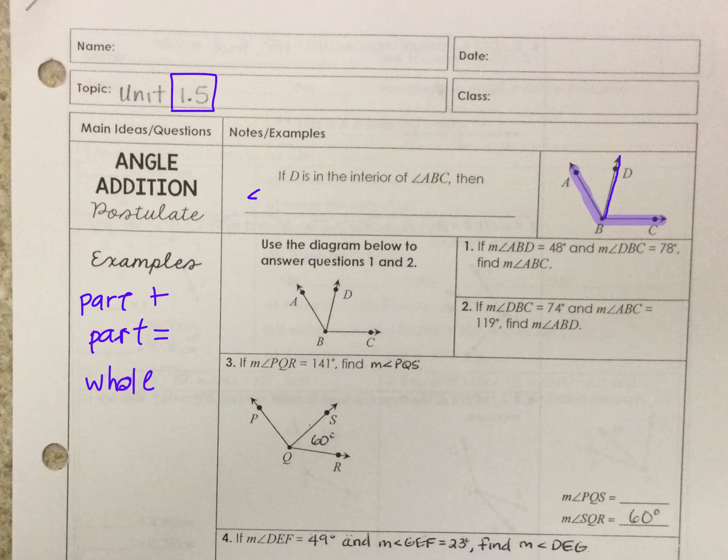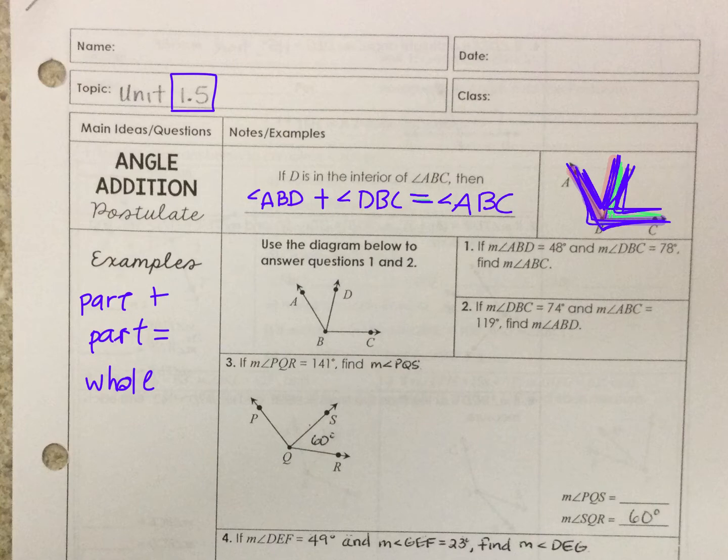Then angle ABD, which is this one, plus angle DBC, plus that one right there, equals angle ABC. All that is saying: part plus the other part inside equals the whole outside.